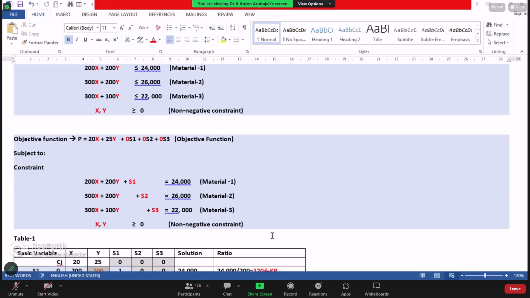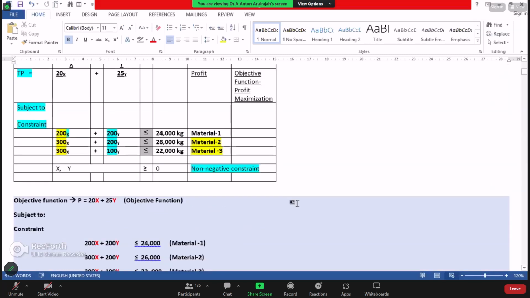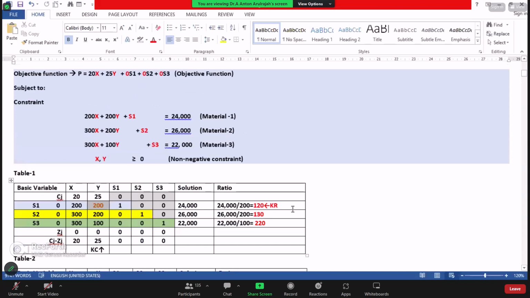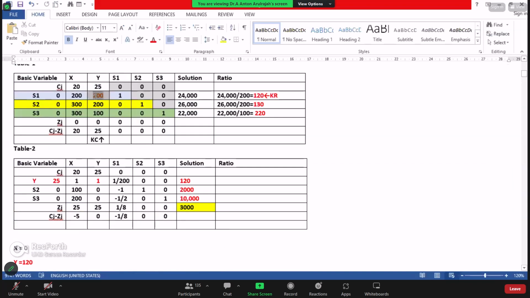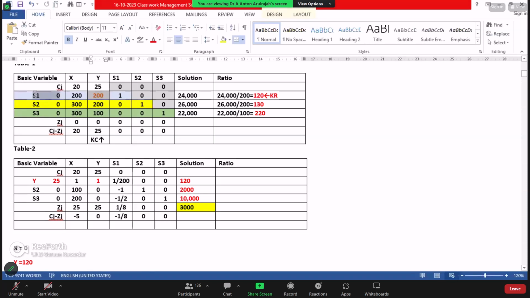Entering variable and leaving variable, you can find this by using the key value. Straight away here in the first table, this is the key value. So therefore, this is the leaving variable. This is the entering variable. Horizontally if you look at it, it's the leaving variable.